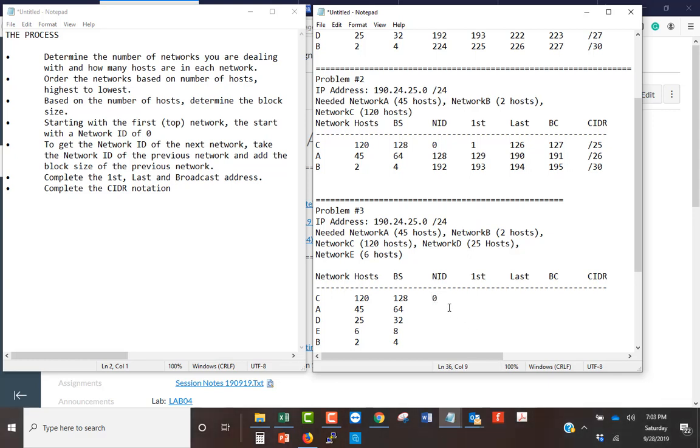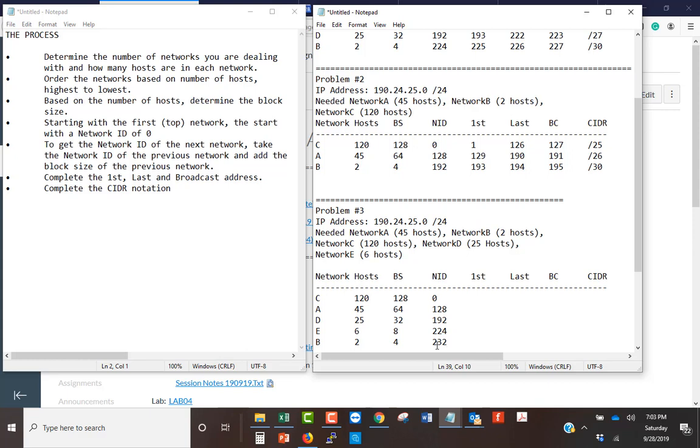Then the 0 plus the 128 gives us 128 here. The 64 plus the 128 gives us 192. 32 plus the 192 gives us 224. 224 plus the 8 is going to give us 232.